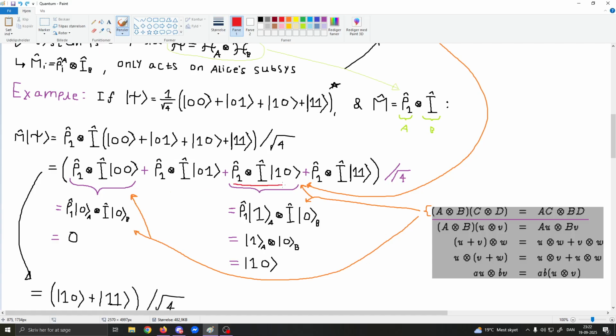Now if you look at this third term over here and use the identity to the right to rewrite it like this, we have the projector onto Alice's qubit in the state 1, tensored with the identity onto Bob's qubit in state 0. Bob's part isn't really that relevant because it's just the identity. So what happens here?